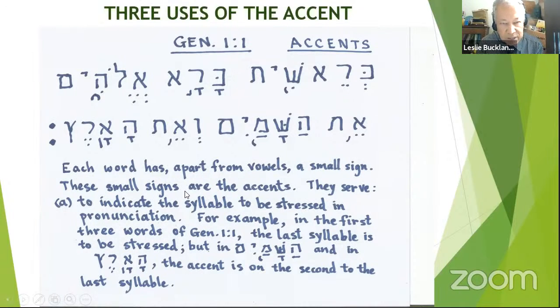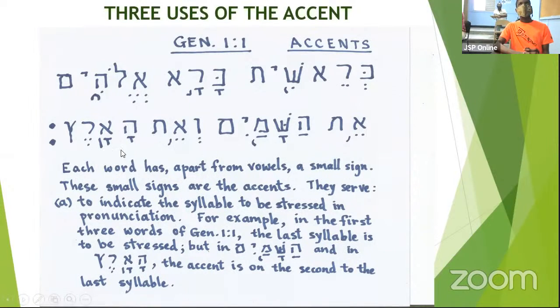These small signs are the accents. Apart from the vowels, you have a small sign. And these small signs are what? Accents. They are the accents.